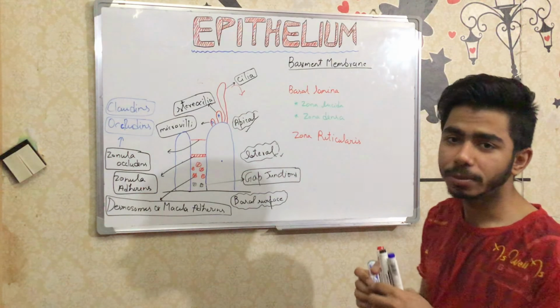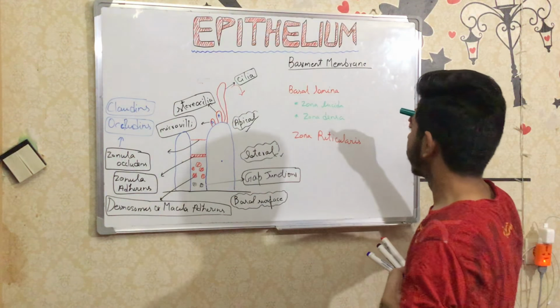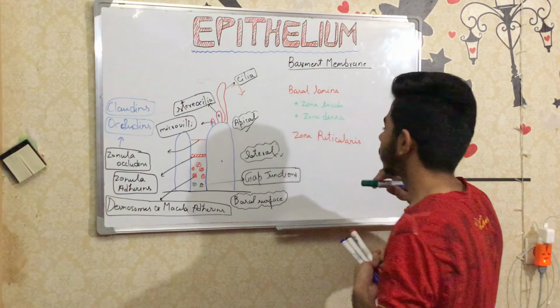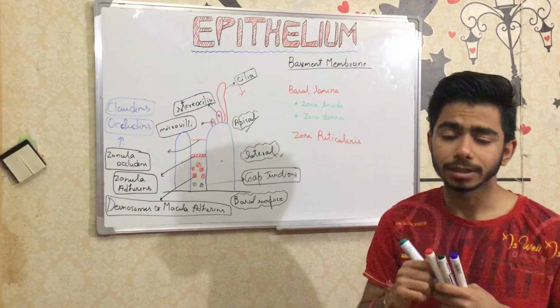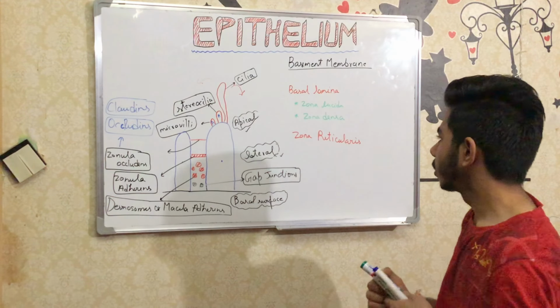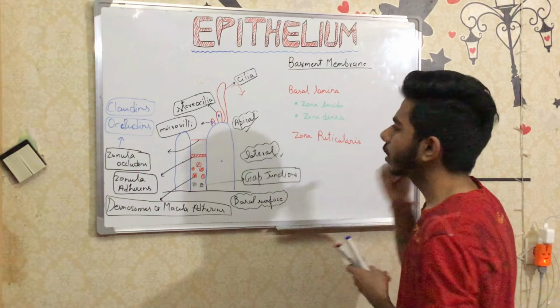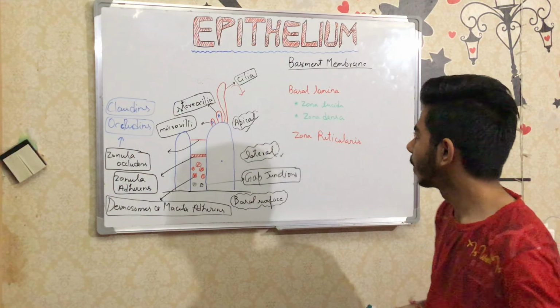Further, the zona reticularis has some proteins which help epithelial cells get nutrition from it, and it has some kind of fibers. So let's talk about what kind of fibers and proteins are present there.